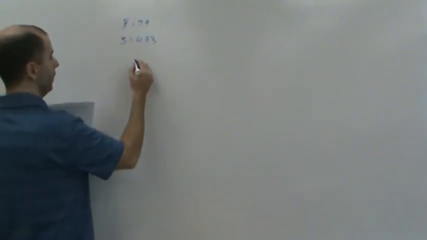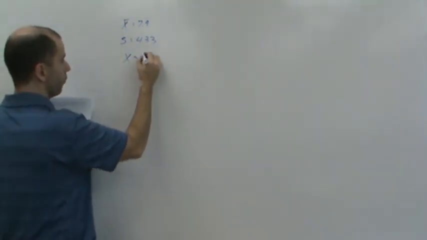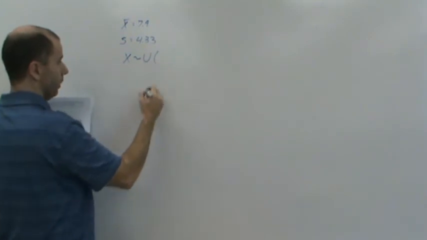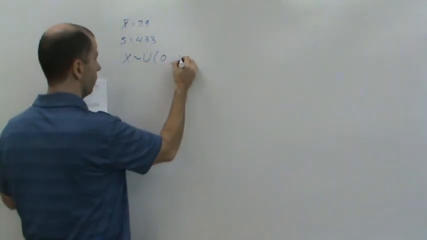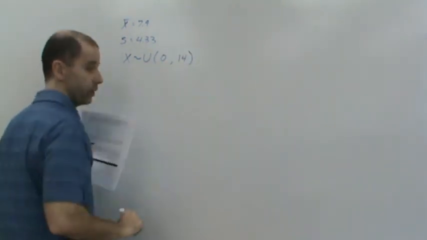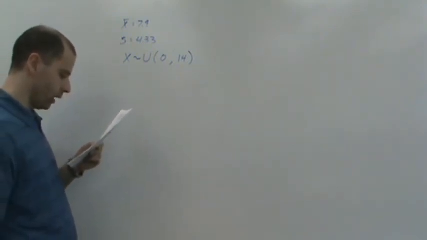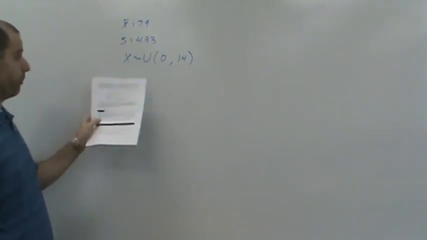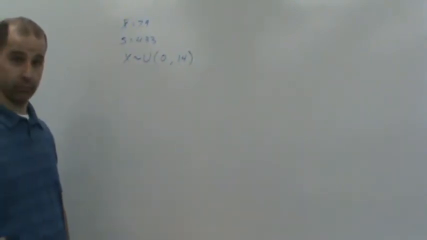So what does that mean? It means x is uniformly distributed from 0 to 14. There's your A and B. Why is it uniform? Because it says the number of passengers are equally likely.